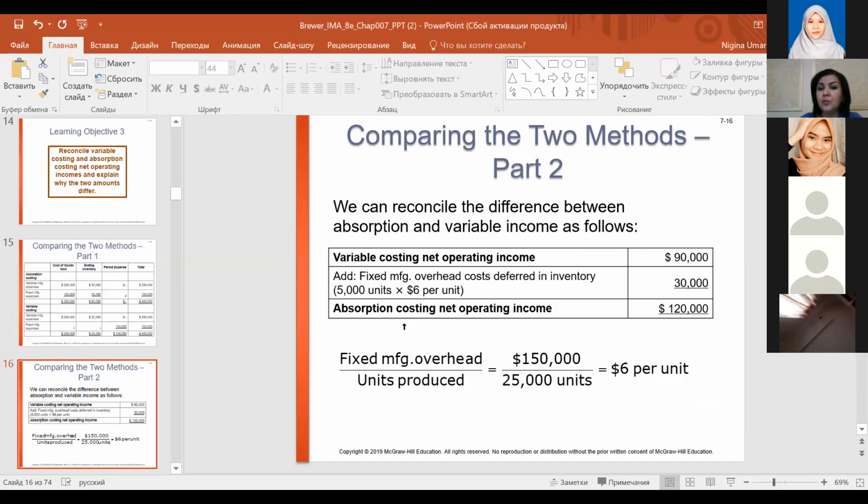So how can we compare or reconcile the difference between the two methods?